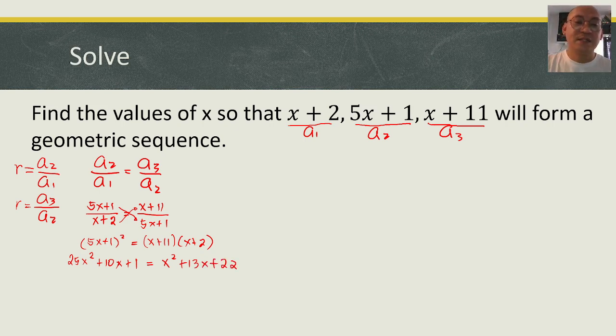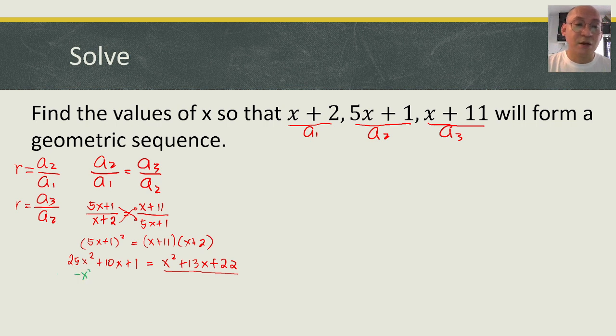In this part of the solution, we need to transpose, or use the addition and subtraction property of equality to proceed to the next step. So what we do is subtract all of these terms from both sides. Upon subtraction, we need to change the sign.